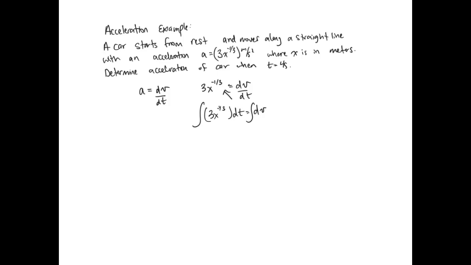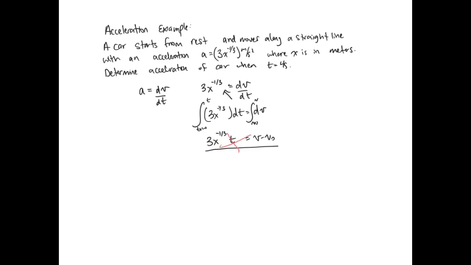They integrate and say, oh, x is not changing with time, so then they just say 3x to the negative 1/3 t is equal to v minus v naught, from t naught equals 0 to t, from v naught to v. This would be absolutely wrong.